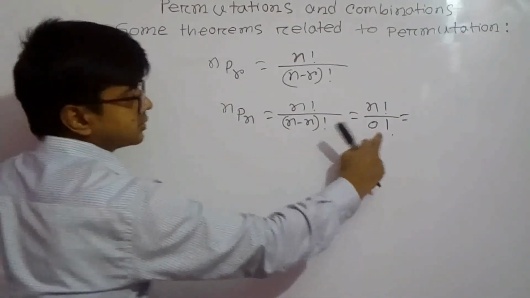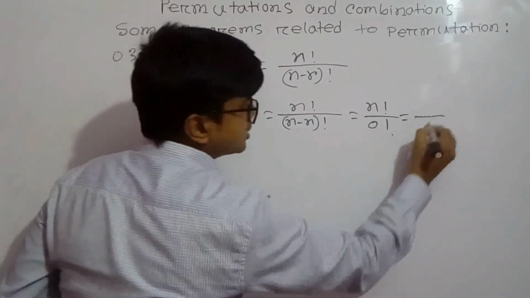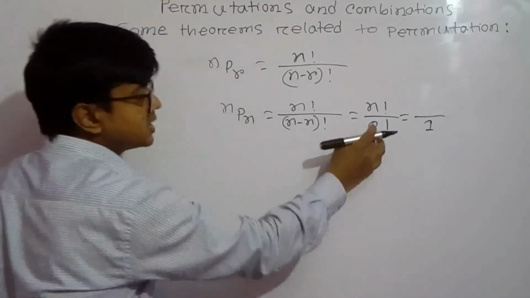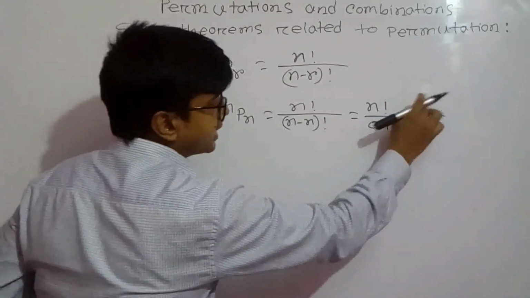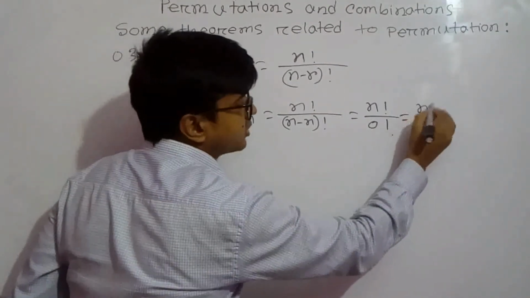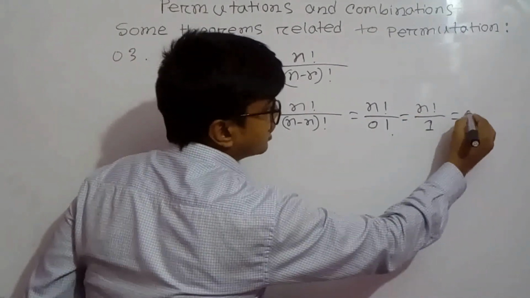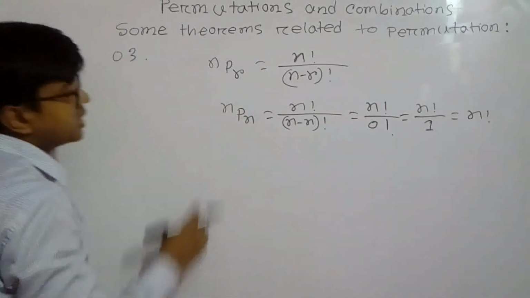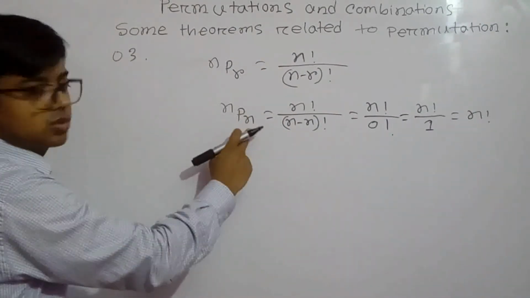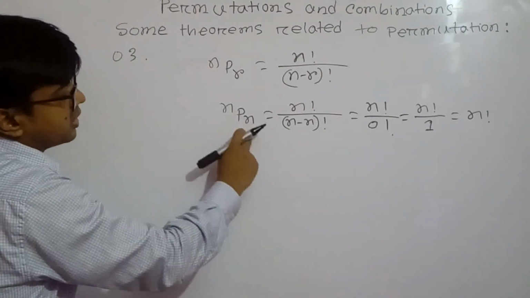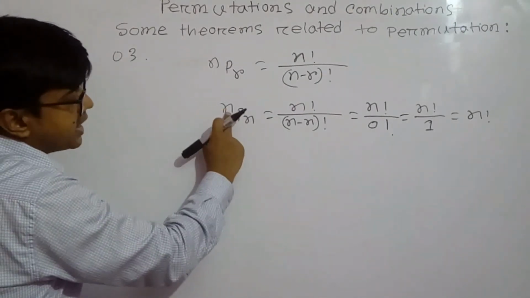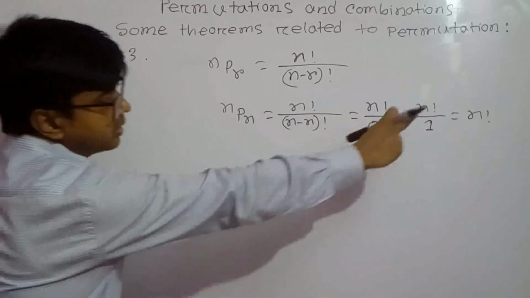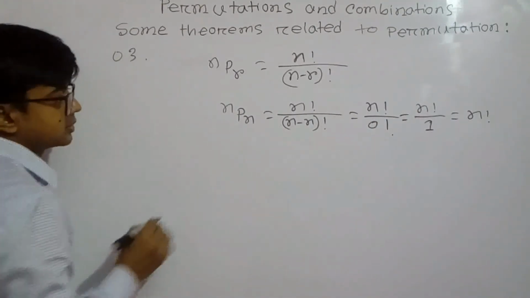We all know that factorial 0 is 1, which is the special convention, and here factorial n, so the answer will be factorial n. So if r equals to n, here nPn, our answer will be n factorial.